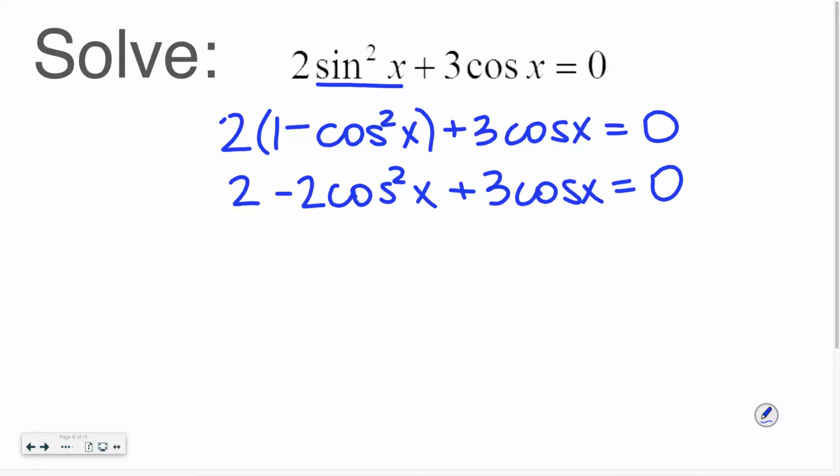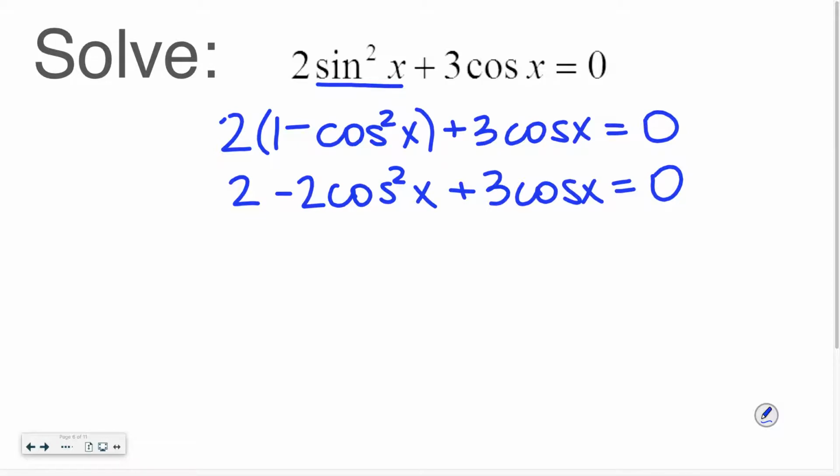What kind of an equation are we dealing with at this point? Quadratic. And is this typically the order we see quadratic equations? No. We like them to be in a particular order, and I really like the leading coefficient to be positive.